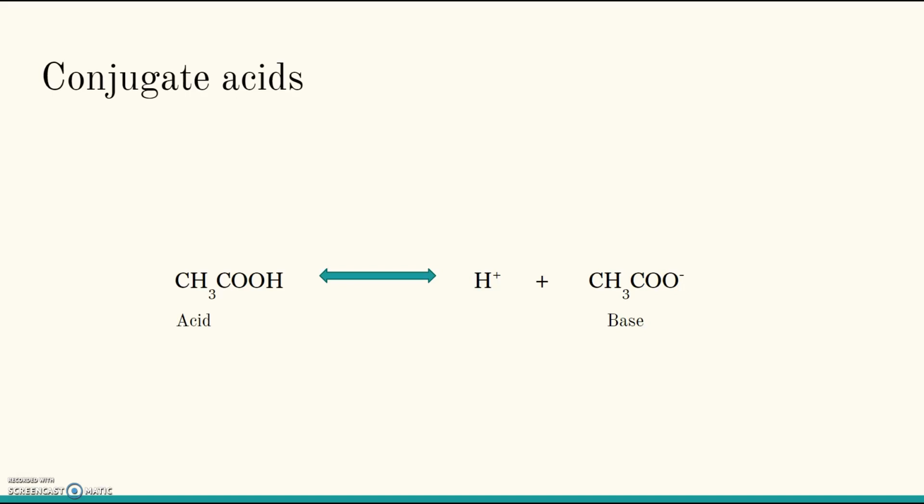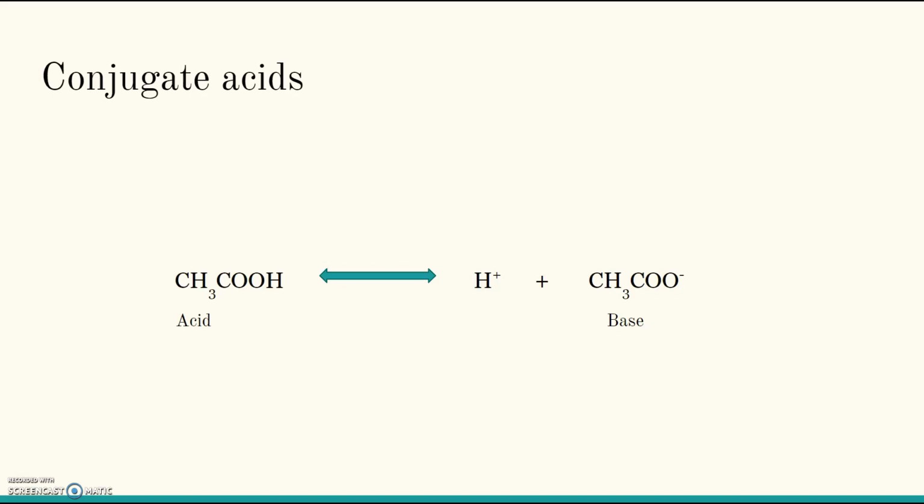So if it's a conjugate acid that we're looking for, that molecule should be something that has one more hydrogen attached to it in some way than the one before. Likewise, if we're looking for a conjugate base, that's going to be something that has one less hydrogen ion attached to it. Notice also that the charge between the conjugate acid and the base has changed.